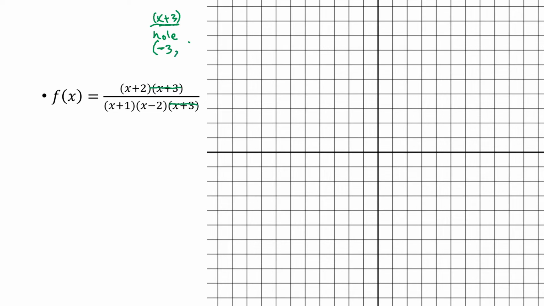To figure out the y value of the hole, we're going to put this -3 back in for all the x values. So if we did that, we'd have -3 plus 2 over -3 plus 1 times -3 minus 2. And if we work this out, you can check it yourself, we're going to end up with -1/10.